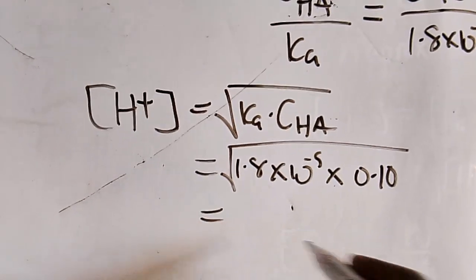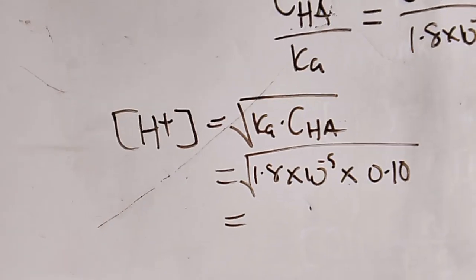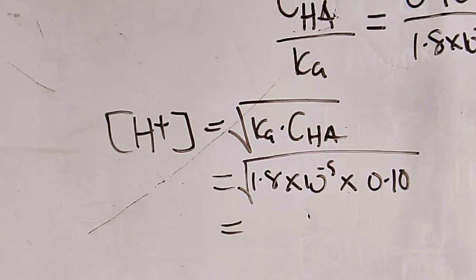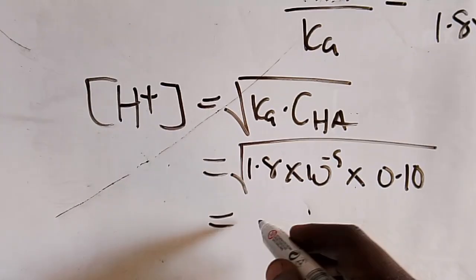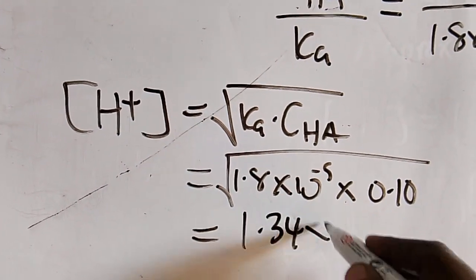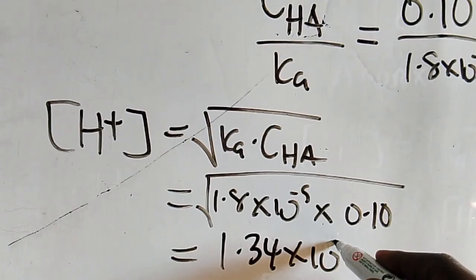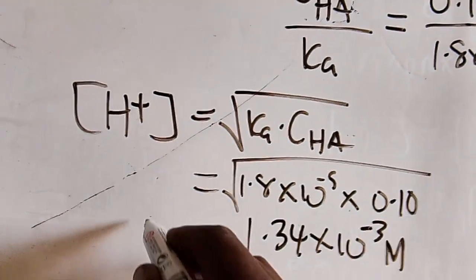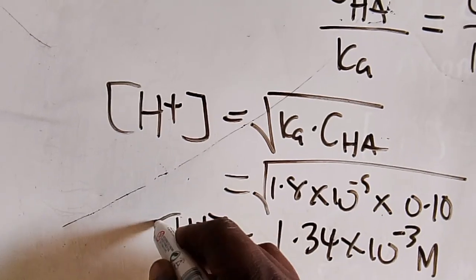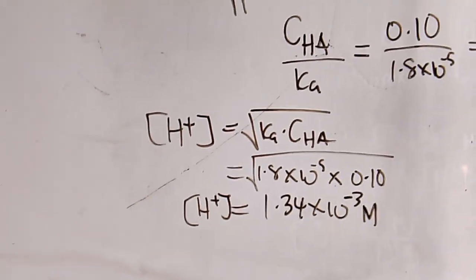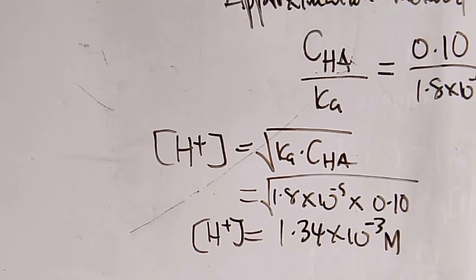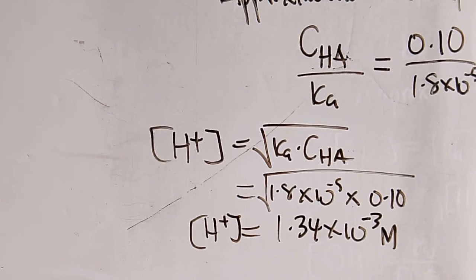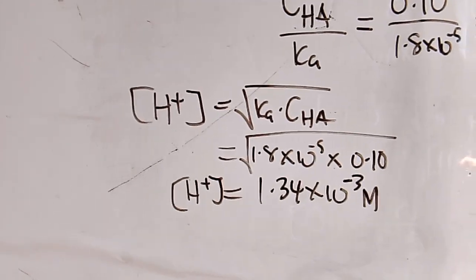You multiply and find the square root, which gives us 1.34 times 10 to the power -3 molar.